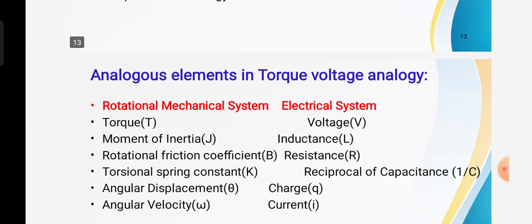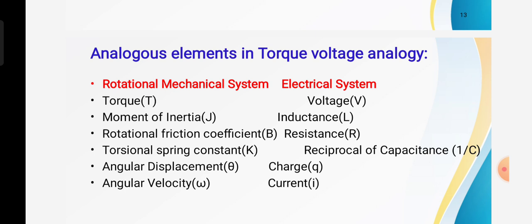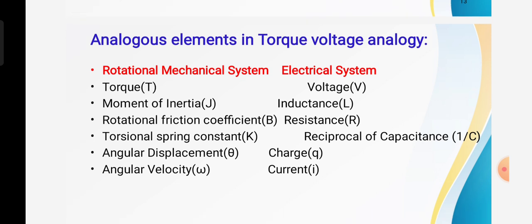Now let's see the analogous elements in the torque voltage analogy. In the rotational mechanical system, torque is analogous to voltage in the electrical system. Moment of inertia is analogous to inductance. The rotational frictional coefficient is analogous to resistance.